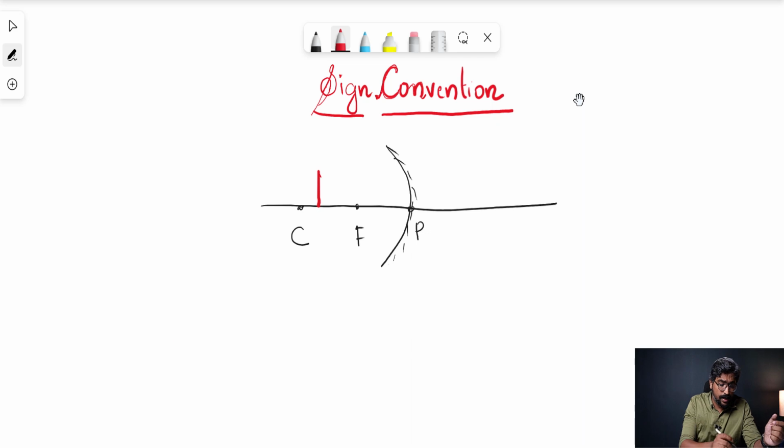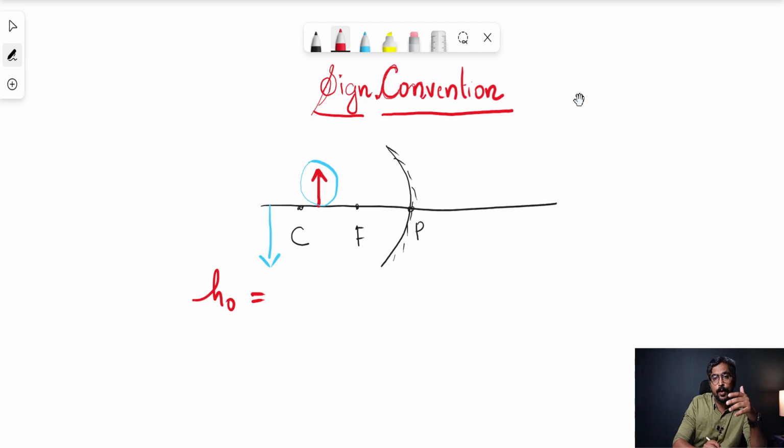Next scenario. There, I am keeping the object between C and F. Then I'll get an image here behind C. Okay. So in that particular case, you can see this is the height of the object, and I am denoting this as HO, that is height of the object.